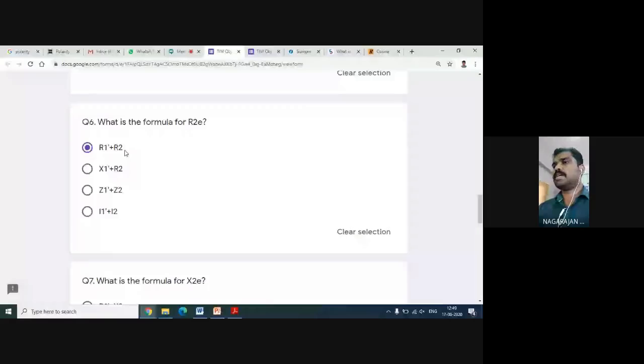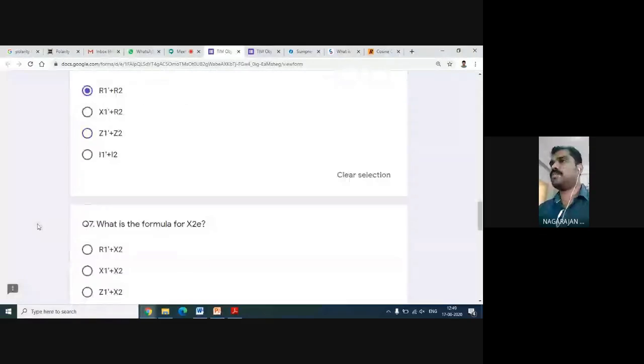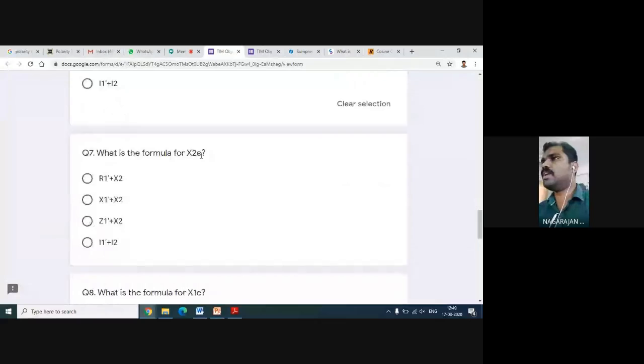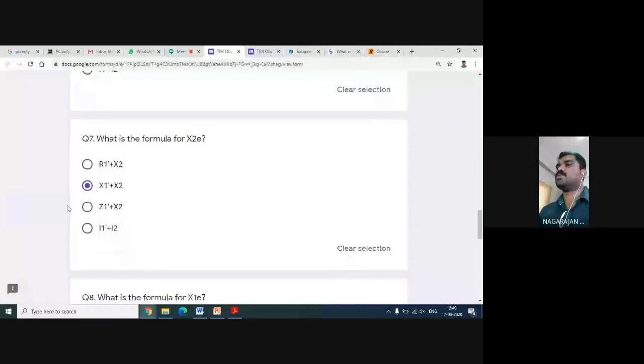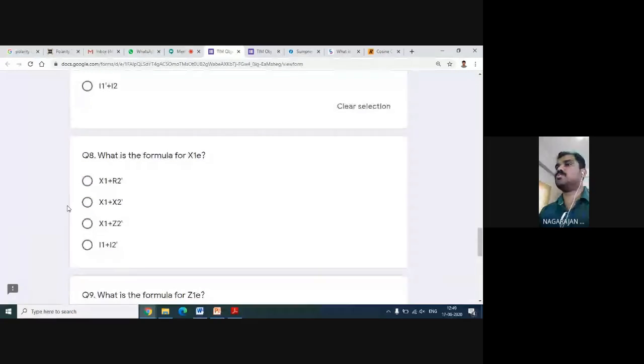And what is the formula for X2E? Equivalent reactance referred to secondary. Referred to secondary means primary side should be given with dash, X1 dash plus X2. Similarly, X1E is X1 plus X2 dash.